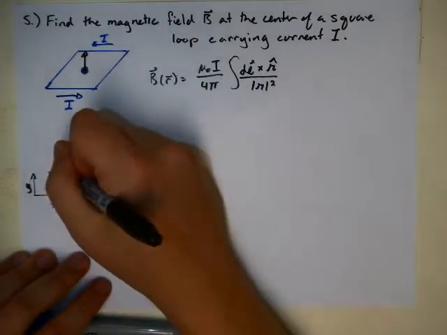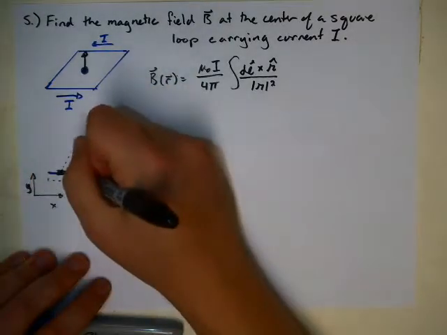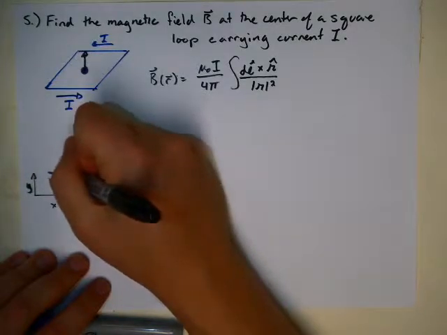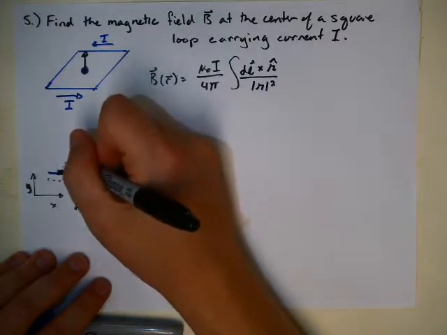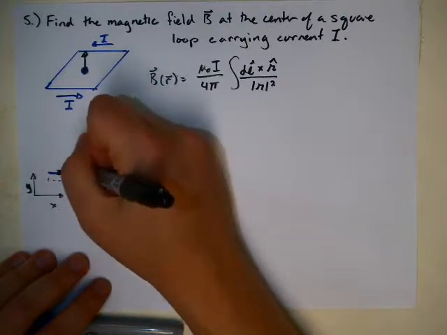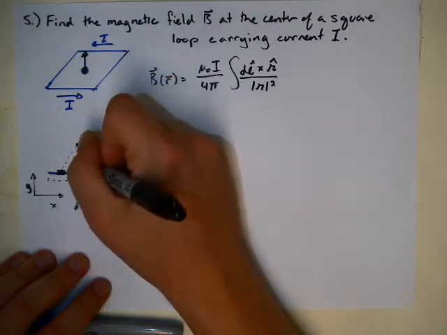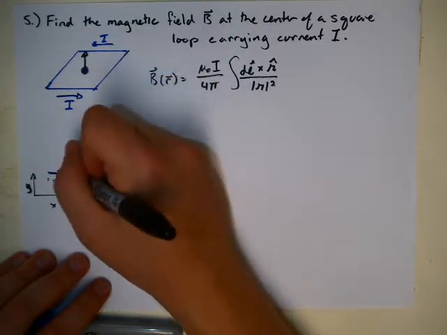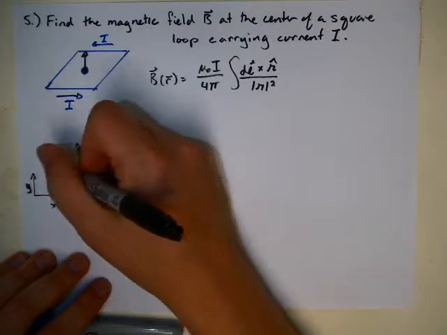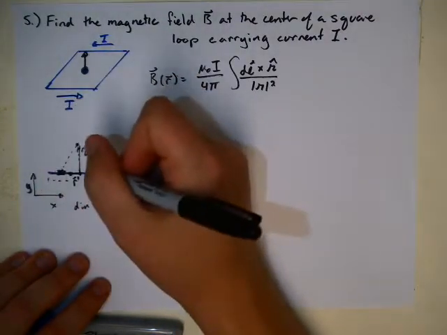And this r, if I make my origin right here, is the distance to the point of interest, and so that's just a over 2 j hat. The r prime is the distance to the source, which is that thing right there.